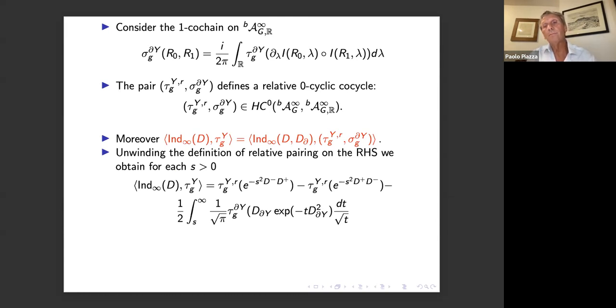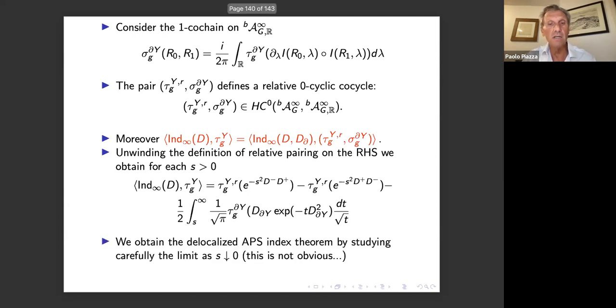And now you have to do a very careful study of the heat kernel for small s in order to take the limit as s goes to 0. And the index formula I was talking about is obtained precisely by taking this limit as s goes to 0.